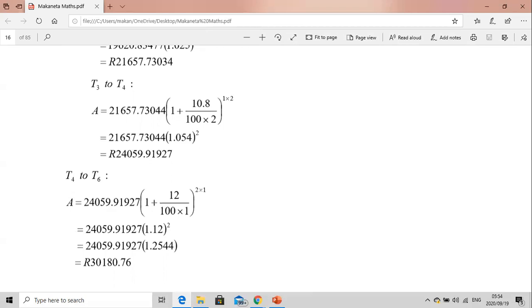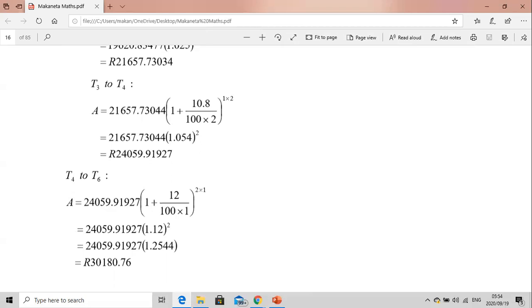Once you do that, at 12%, remember to divide by 100, and then you multiply by 1, because it's just going to be once a year. So it's 2 years at compounded just once a year. And of course, the final amount will be 30,180 rands and 76 cents.